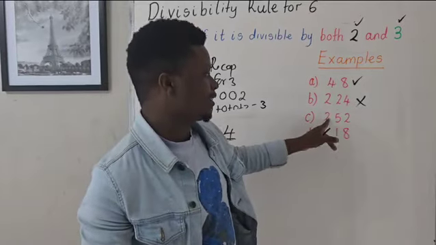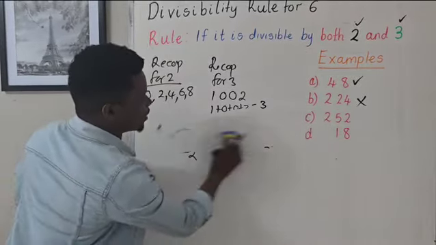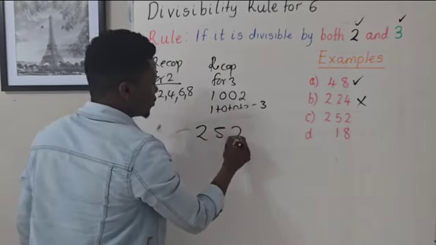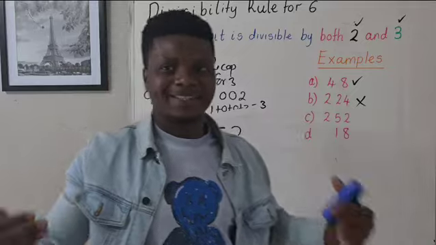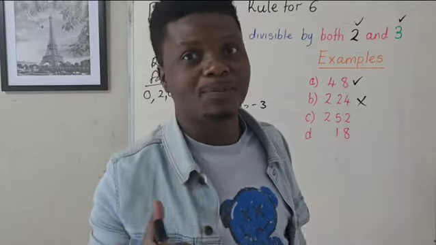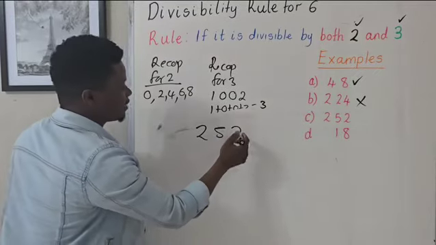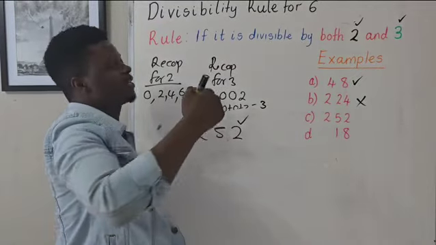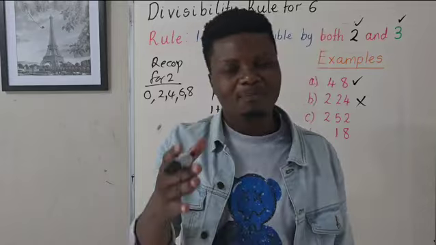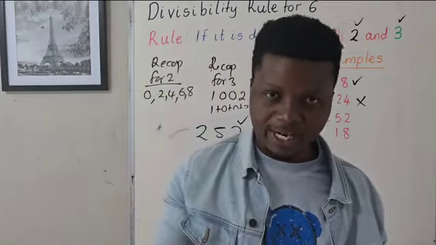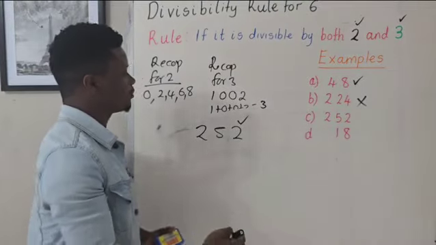How about the next one, 252? Is it divisible by 6? I have to check whether it's divisible by 2 and divisible by 3. By 2, yes, it ends with a 2, so it is divisible by 2. So maybe it's divisible by 6, but before we make that conclusion, check also whether it's divisible by 3.